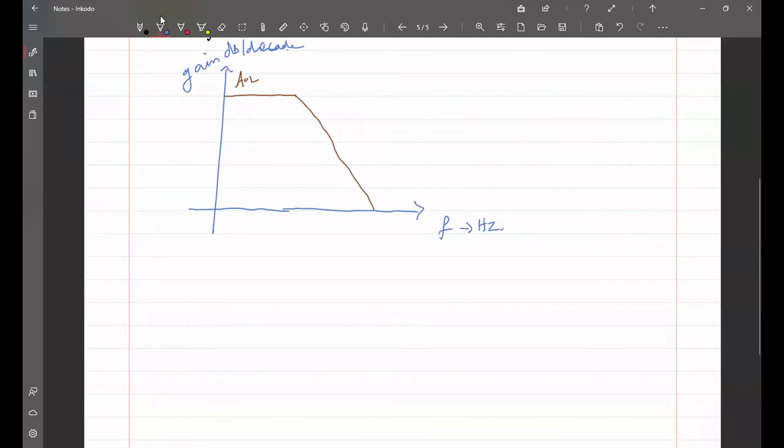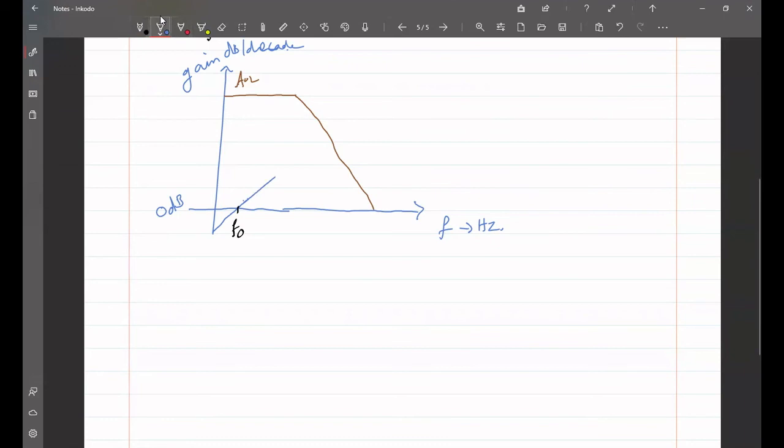Now for a differentiator circuit, as the frequency increases, initially this is 0 dB. As the frequency increases, the gain will start from the negative and it will reach the point F naught. So consider this is F naught frequency. Then as the frequency increases, the gain increases.